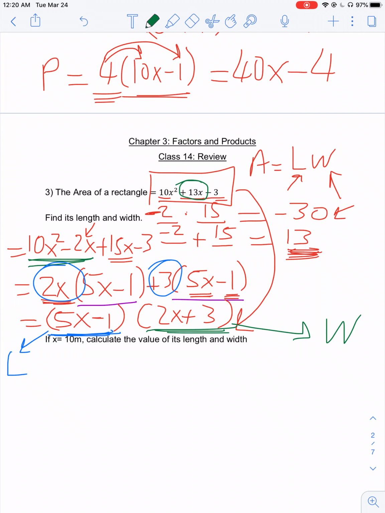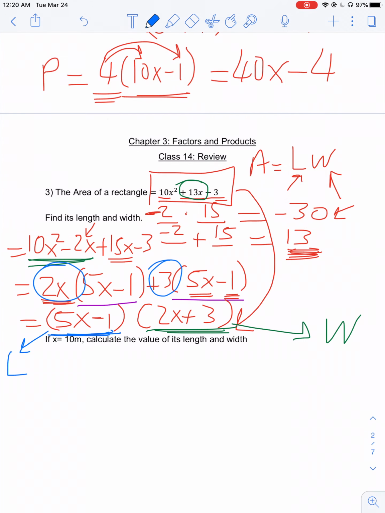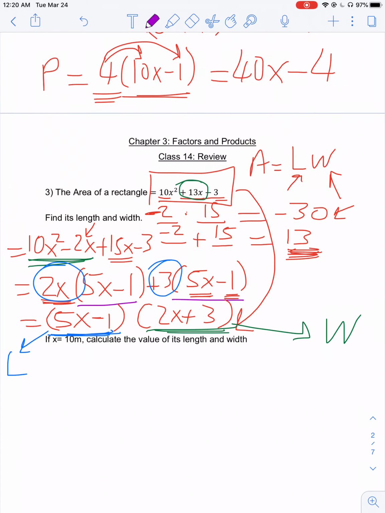Now in the second question, they're telling you, what if x has a value of 10 meters? Calculate the value of the length and width. So now they're telling me what the value of x is. It's actually 10 meters. So how can I find the value of the length and width?